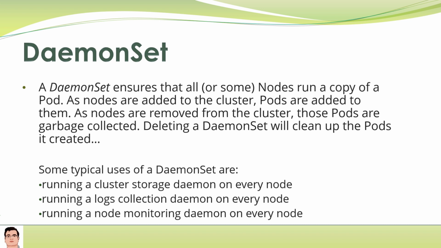You can say, okay Alok, we have the replica set, so why do we require the DaemonSet? Because a replica set will not ensure that a single pod will run on each of the nodes. Maybe two pods will get deployed on a single node.